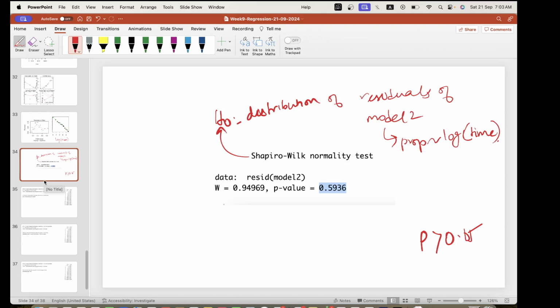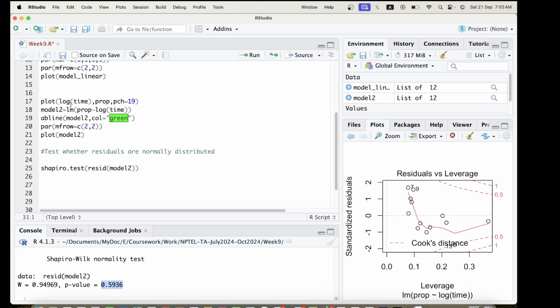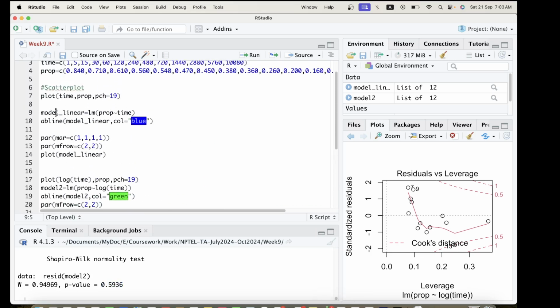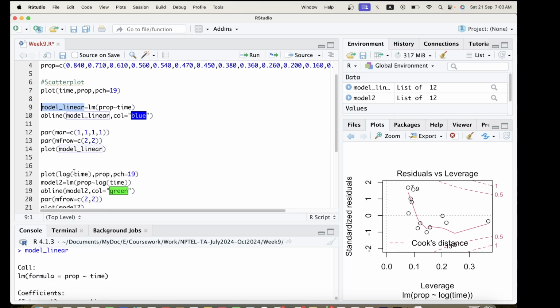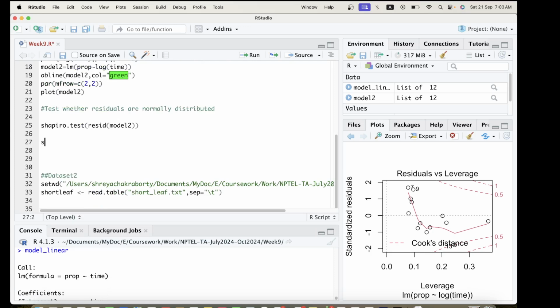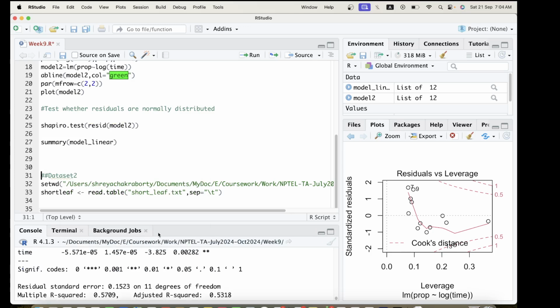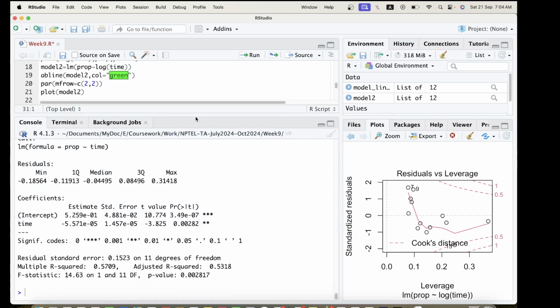Now let us compare the fit of both the models. If I run model linear, I get this. So if I do a summary of model linear, then we get this output.